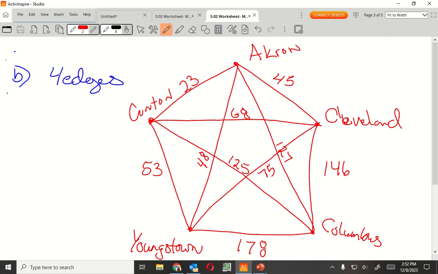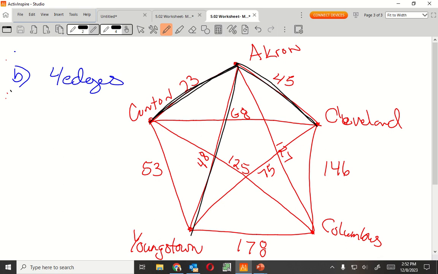So what am I going to start with? The minimum, which is 23. So there's 1. My first one is 23. Next one, 45. Next one, looks like 48.